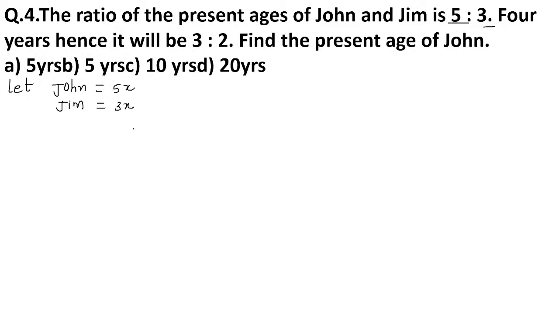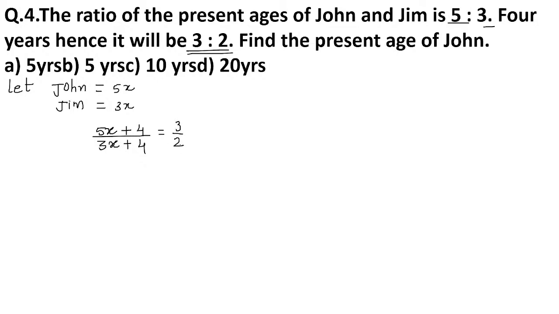After 4 years, the ratio changed to 3:2. So students, 5x was John's current age. After 4 years, it means plus 4. Similarly, for Jim the current age is 3x. After 4 years, it means plus 4. The ratio is changing to 3 by 2.